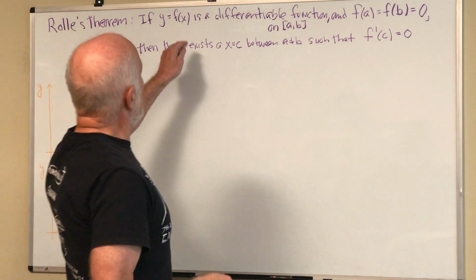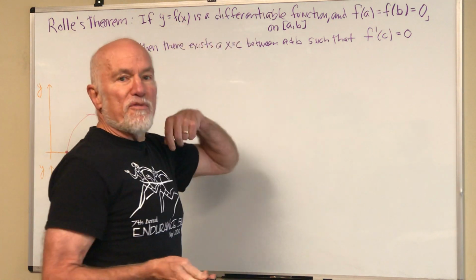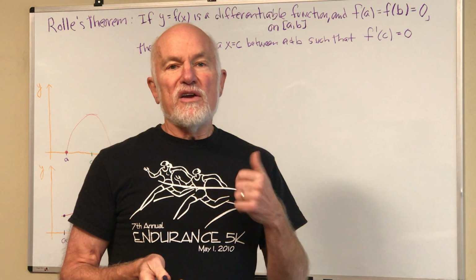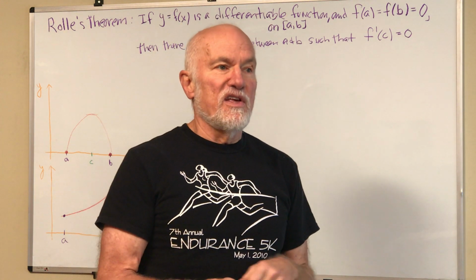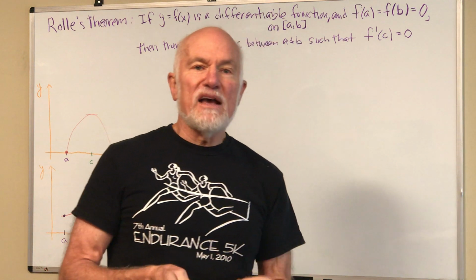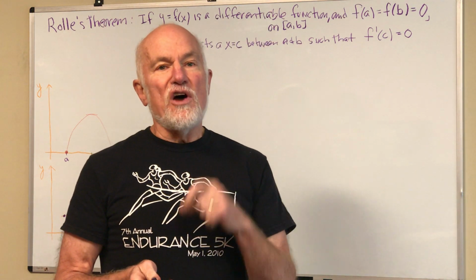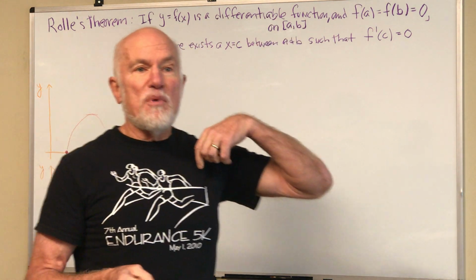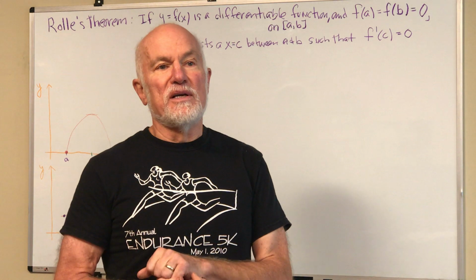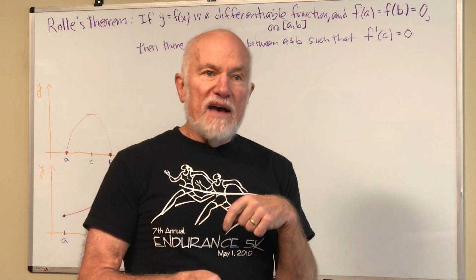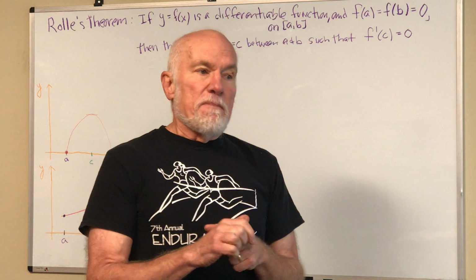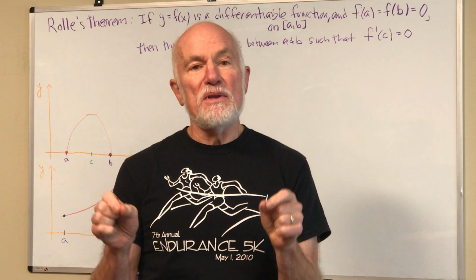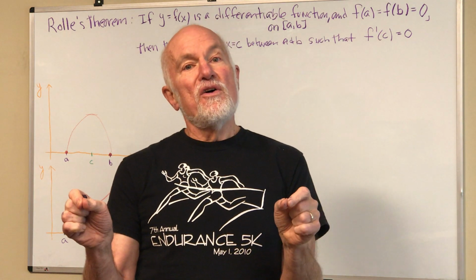First of all, since f of x is a differentiable function, we've proven that all differentiable functions are continuous. So we know that it's continuous. And we've also proven the max-min theorem, which says that all continuous functions on a closed interval have both a maximum and a minimum value. So we have that situation here. So either the max and mins have to happen at both endpoints or not.